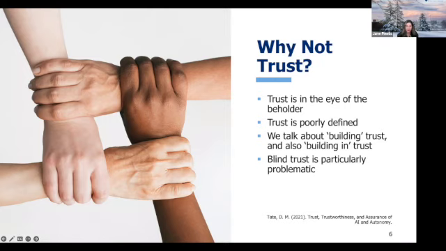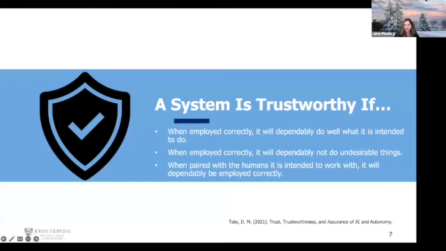So again, when we try to actually evaluate these systems, that's not a desirable property, something that's badly defined and is not quantitative. Also, people talk about building trust, which has an implicit kind of connotation that trust can be blind, right? And people do blindly trust systems. That's very undesirable in highly consequential DoD systems. So trust is a bad word in our community, but we do use the word trustworthy, right?